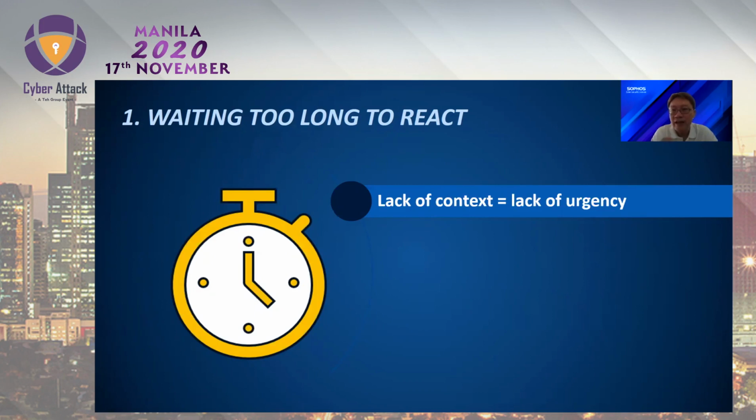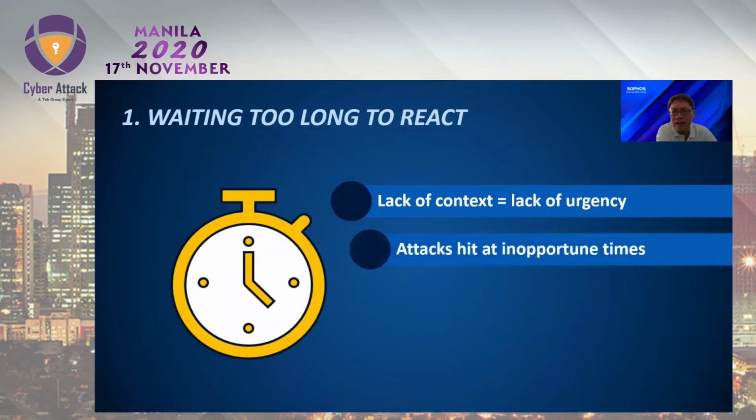We usually have this tendency to say, hey, the security solution detected something, so I should have peace of mind because it has been detected. So why should I be drilling down into what this particular detection is all about? It gives people a so-called comfort zone.